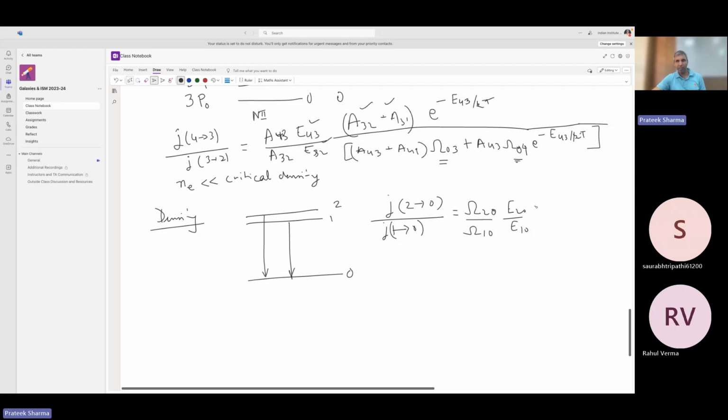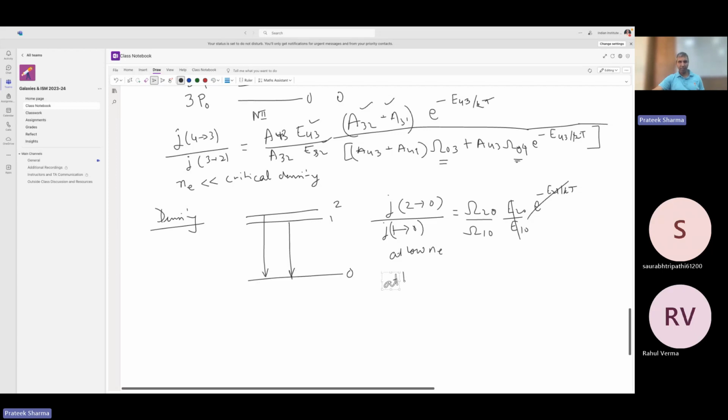And similarly, e to the minus E21 by kT. I plugged in the temperature and energy dependence of the collisional excitation rate at low densities. So this is just 1, and this is just 1, so this is omega 20 by omega 10 at low densities.